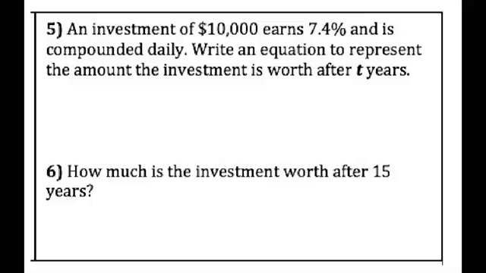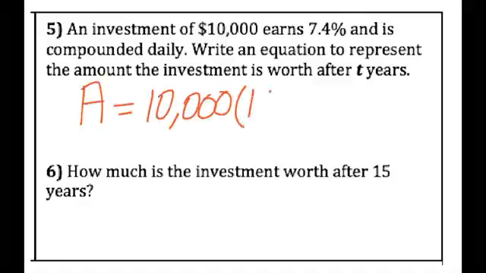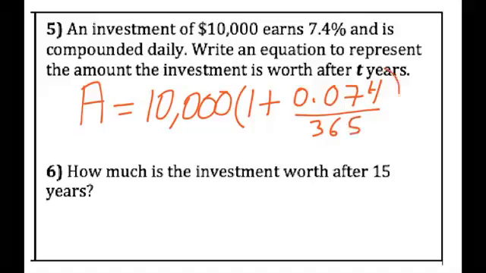Okay, number 5 reads, an investment of $10,000 earns 7.4% and is compounded daily. Write an equation to represent the amount the investment is worth after T years. So we have A equals 10,000 parenthesis 1 plus 0.074, all divided by, it's compounded daily, so there's 365 days in a year, to the power of 365t.